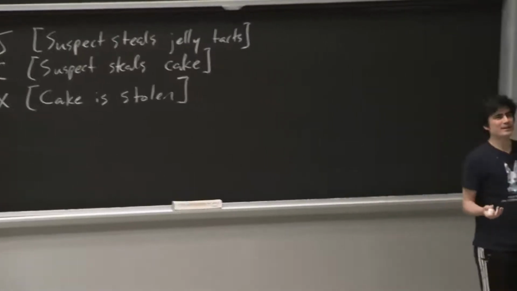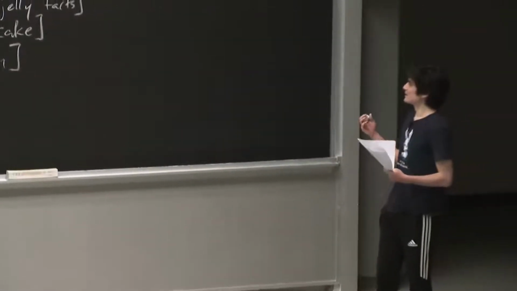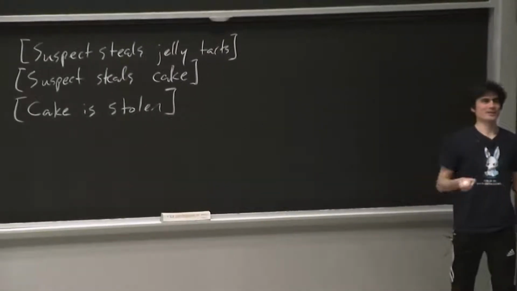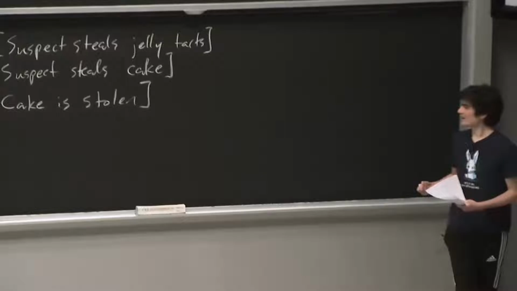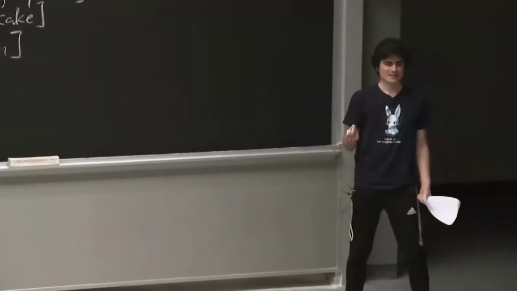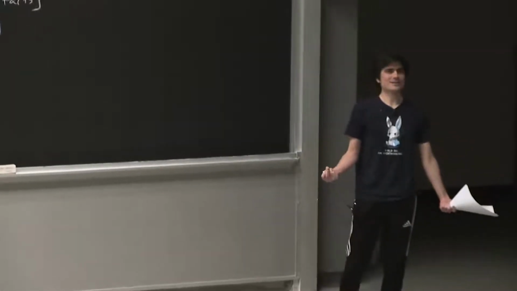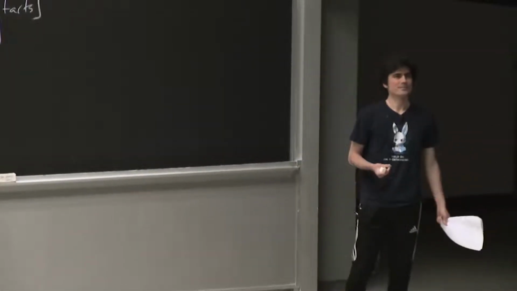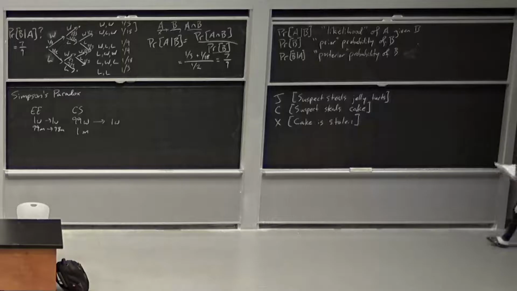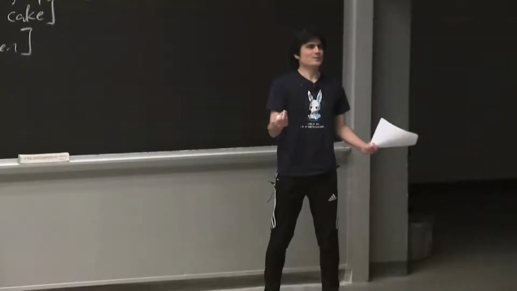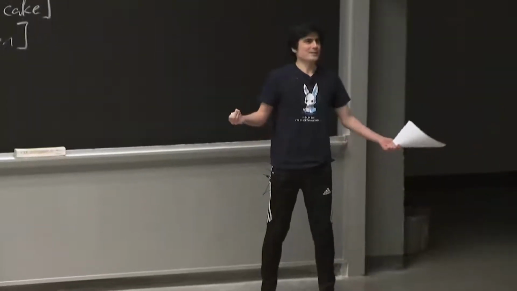The baker has a prime suspect, okay? And the baker wants to admit into evidence that this suspect is always stealing jelly tarts, okay? And the reasoning is that jelly tart thieves are much more likely to steal cakes than random other people, okay? And the suspect counters by saying, well, sure, but only 1 in 2,500 jelly tart thieves is actually a cake thief, right? So the actual increase is less than 1 in 2,500.